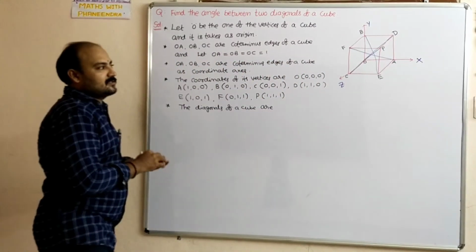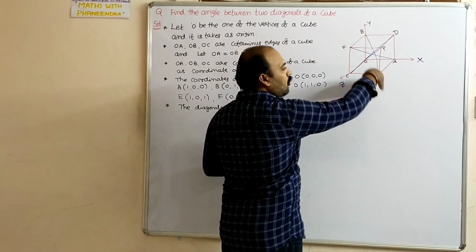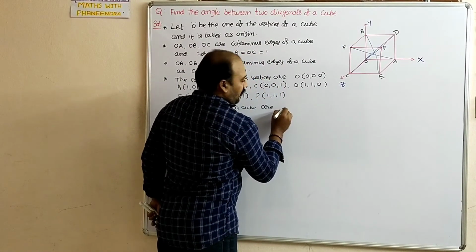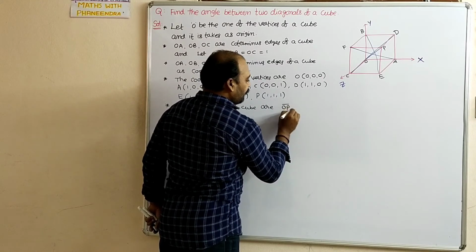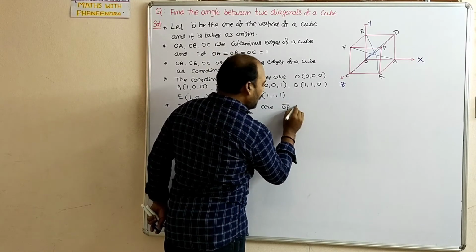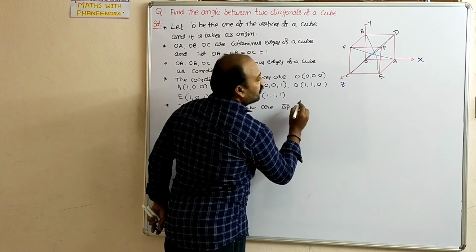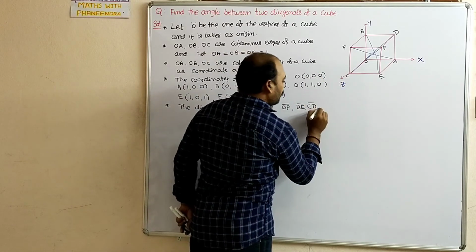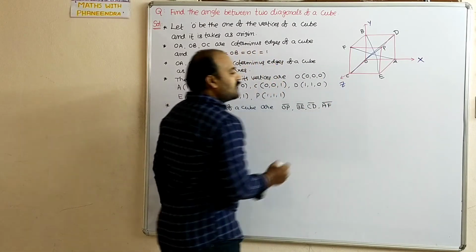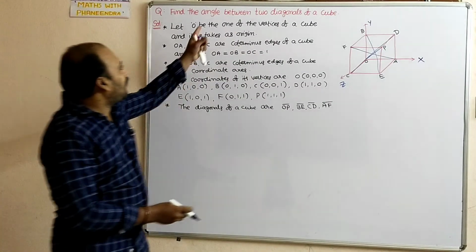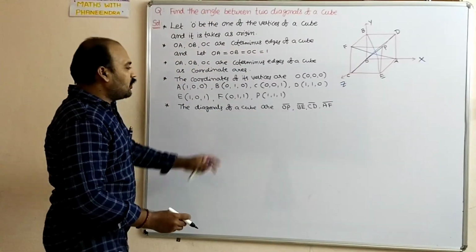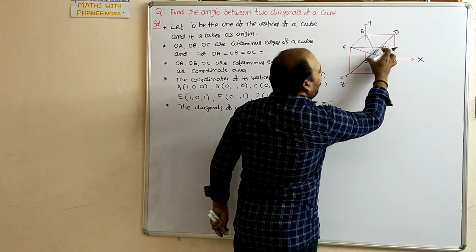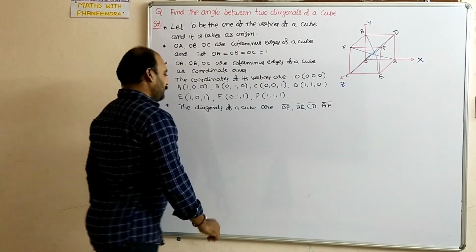These are the diagonals: OP, BE, CD and AF. But they are asking the angle between two diagonals. Any two diagonals you have to choose. So I am considering the OP diagonal and the BE diagonal.